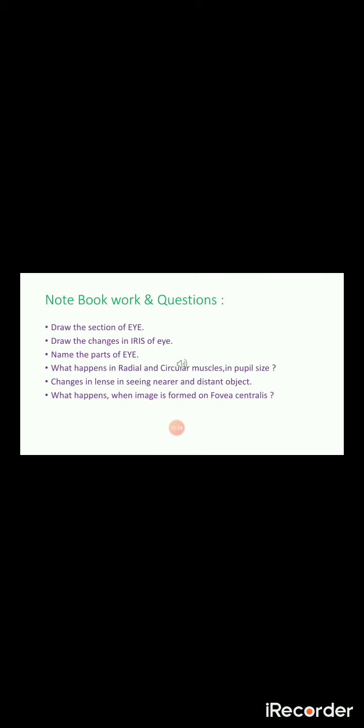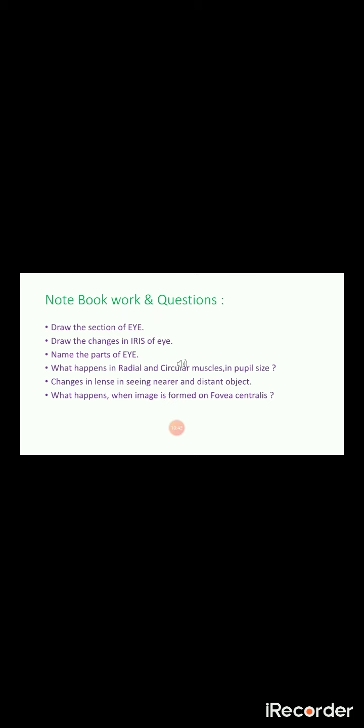Dear students, now I would like to give you some notebook work and questions. Number 1, please draw the section of the eye in your notebook. Number 2, draw the changes in the iris of the eye.